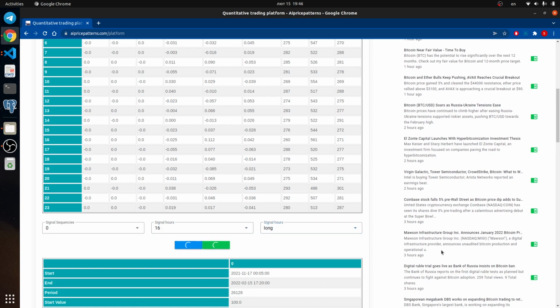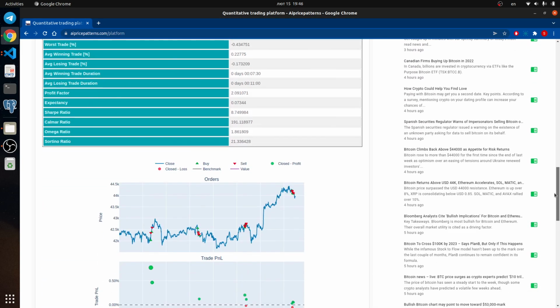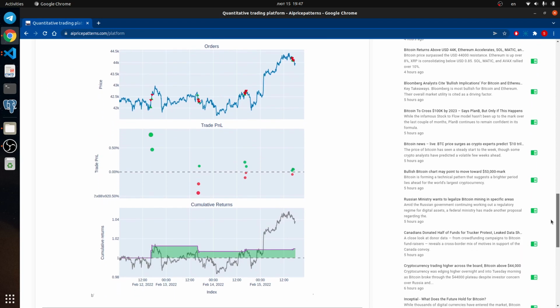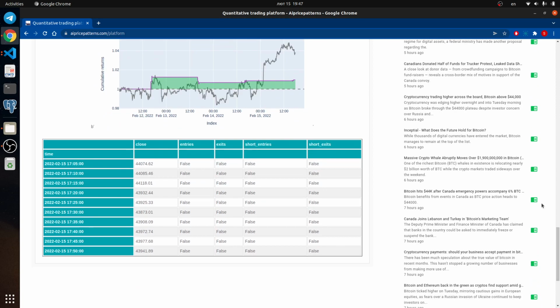for example this time, and I would like to understand what happens in real time. For example, when we use real time, we download data for the last 2 days, and you see we have some results of this trading when we trade only at those times, and this is the last trade, and we could analyze what happens.